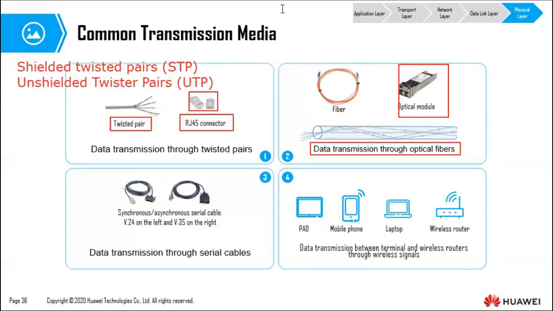With fiber, normally there are two main functional components. That is the fiber itself, which is the optical transmission media made up of glass most of the time, that is used to transmit data using light. Then the other thing you need to know about is the optical module.